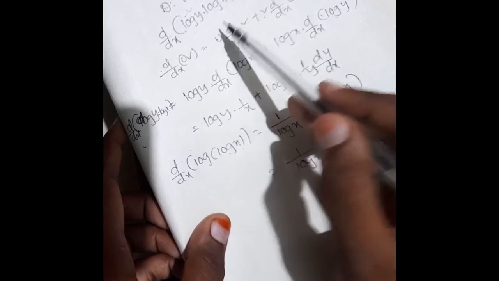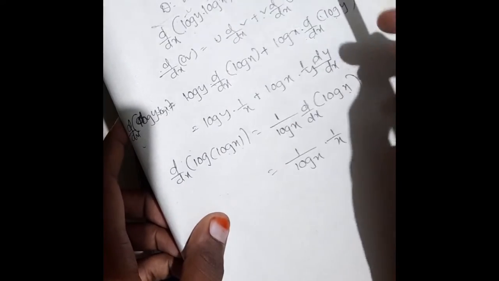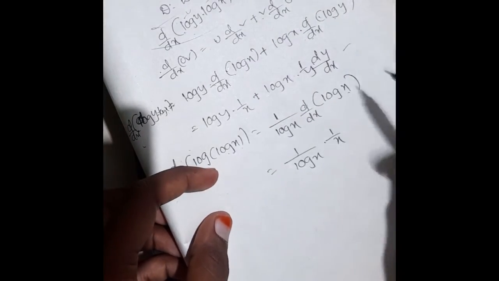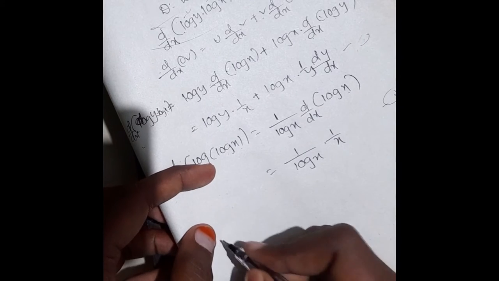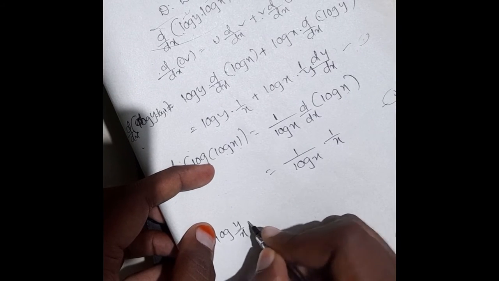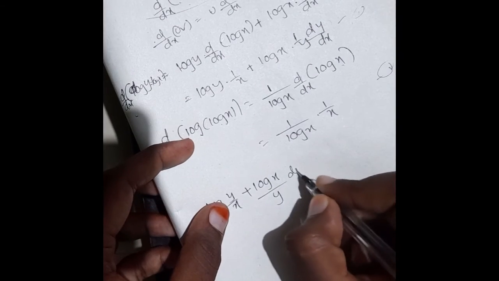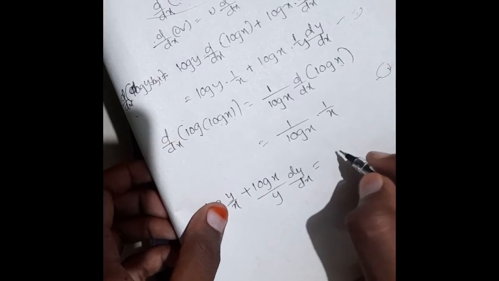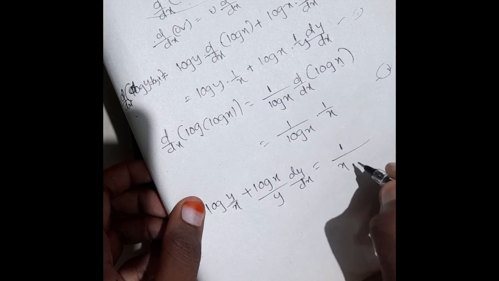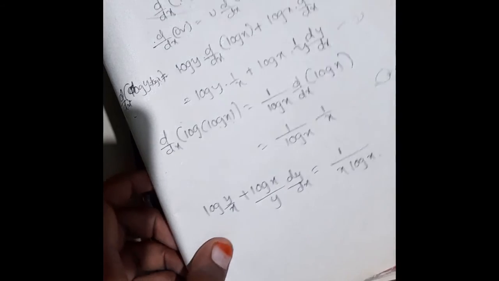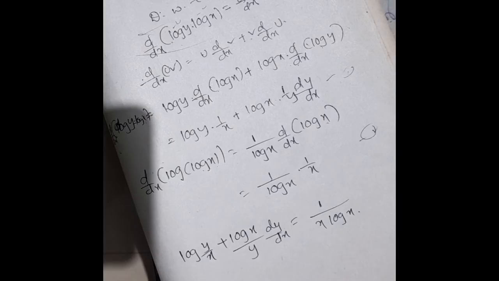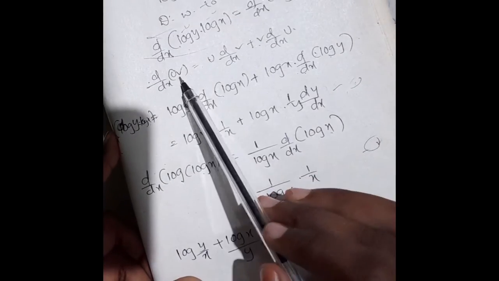So from here we should equate both. Now log y by x plus log x by y dy by dx equals 1 by x log x. Is it okay? Are we doing it correctly?